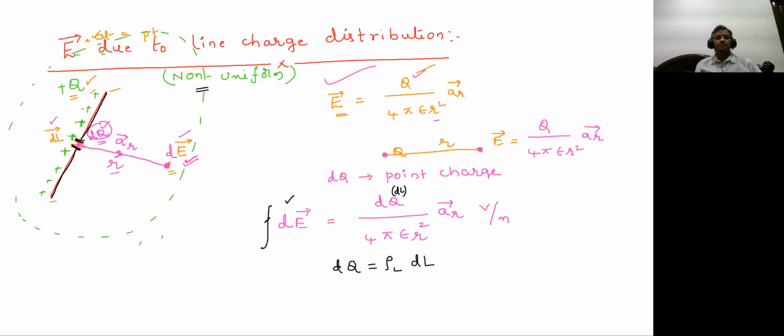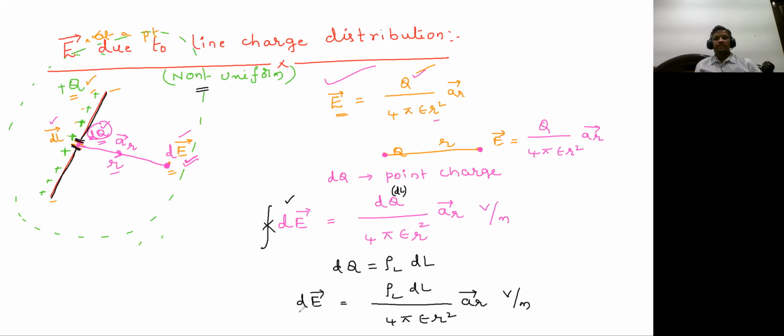Now if you write dE, it is equal to rho l dl by 4 pi epsilon r square aR vector, volt per meter.